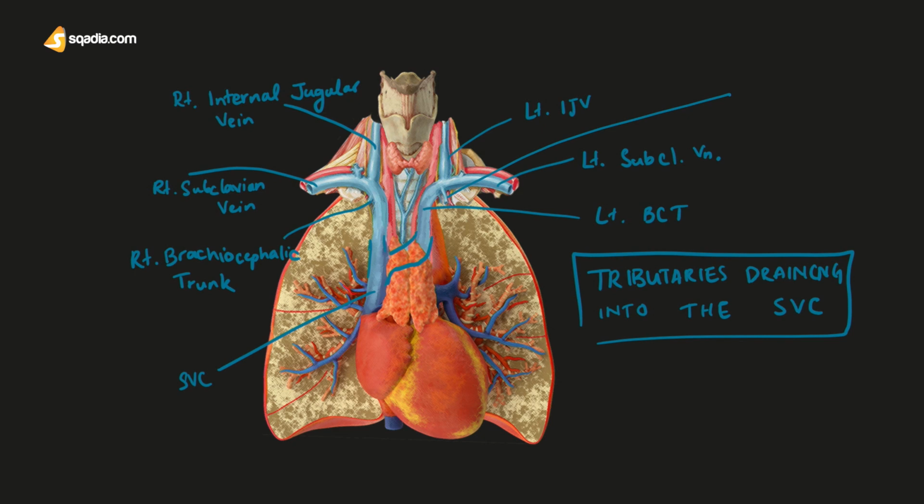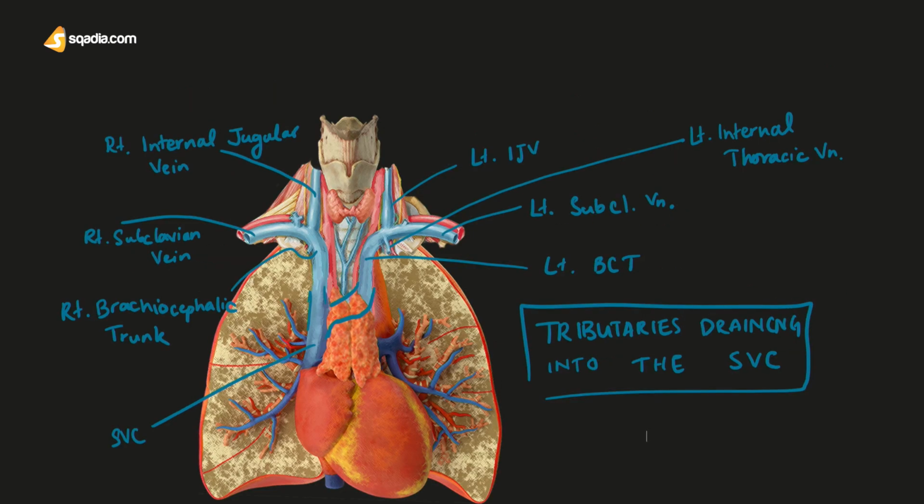This is the left internal thoracic vein. And it's running parallel to the internal thoracic artery. So the internal thoracic vein drains into the brachiocephalic vein of the respective side at the level of the superior thoracic aperture, just below the first rib.